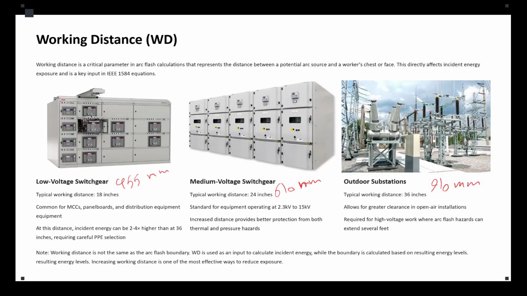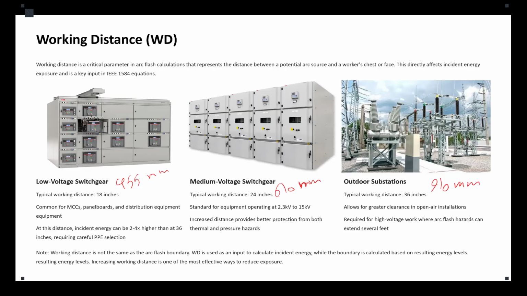Now, to clarify 2 points that often confuse practitioners, we have to mention those. Working distance is an input, not a result. When performing the arc flash analysis, working distance is an assumed input, not an output.